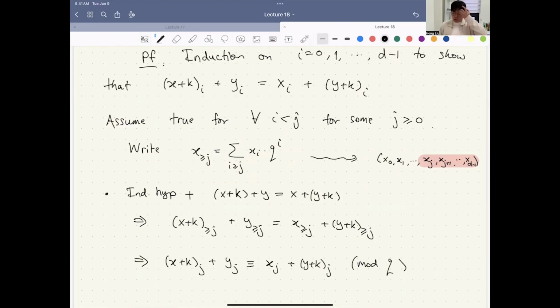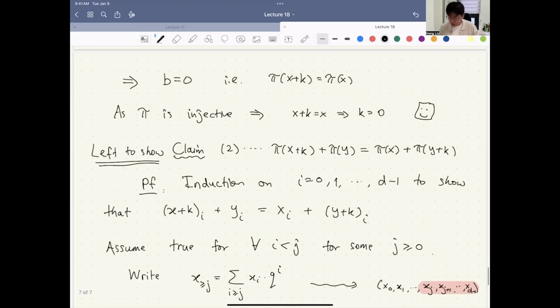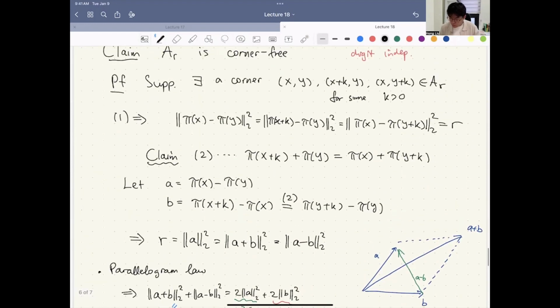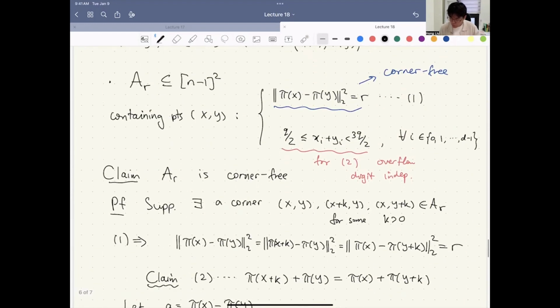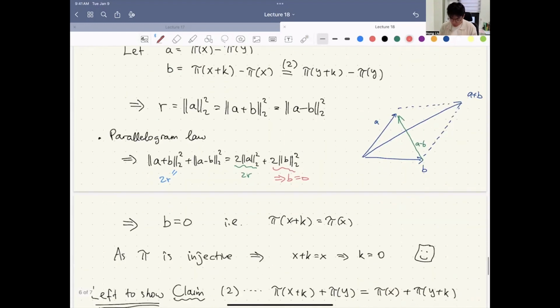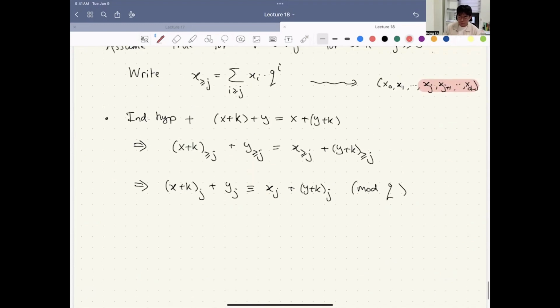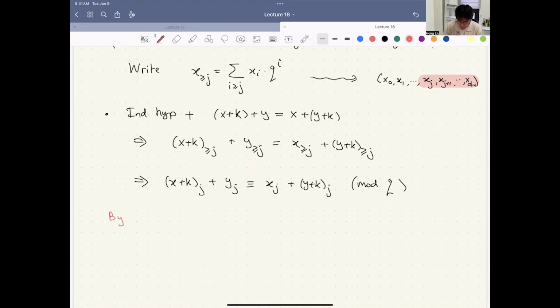All right. So here is where we use this requirement on the choice of x, y points, to maintain no overflowing issue from lower digits to higher digits. So by this inequality.